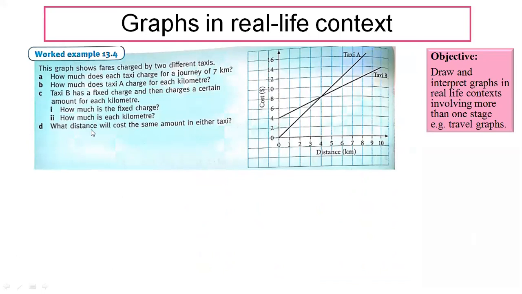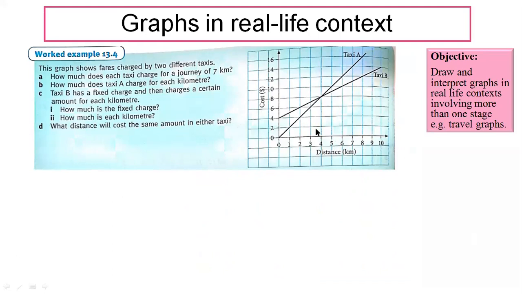This is an example. It says this graph here shows fares charged by two different taxis. So as you see, sometimes our graph is talking about two things happening at the same time, sometimes three.